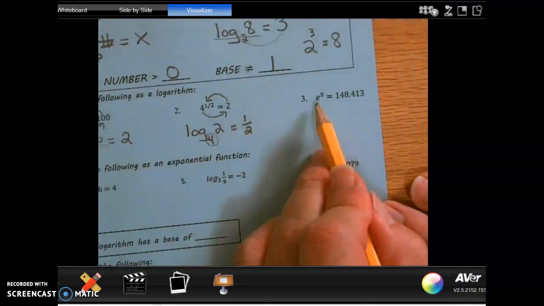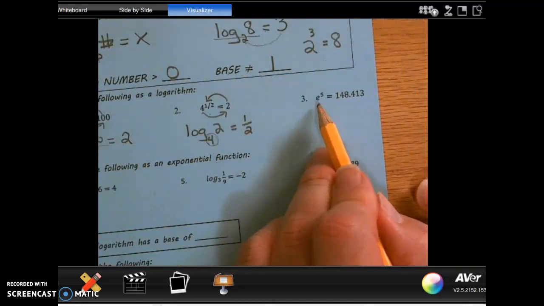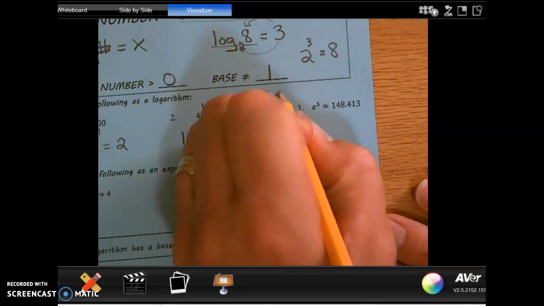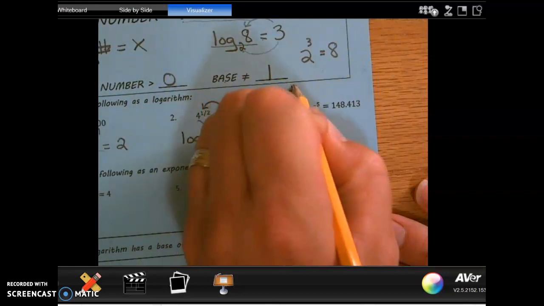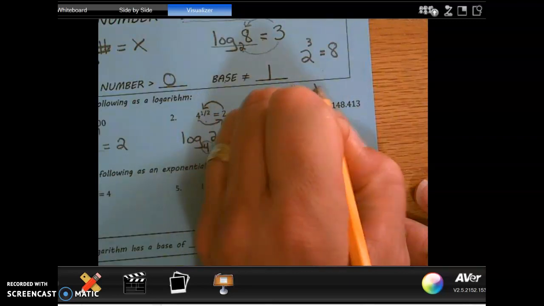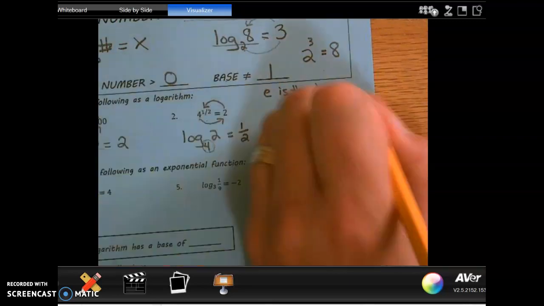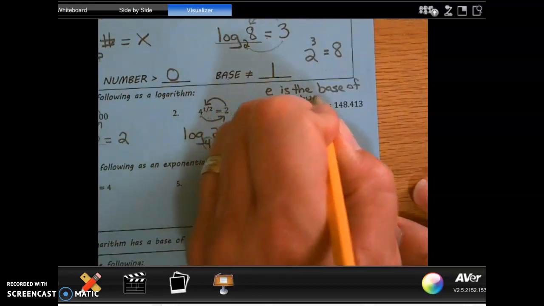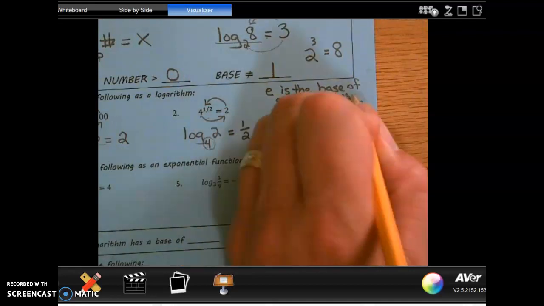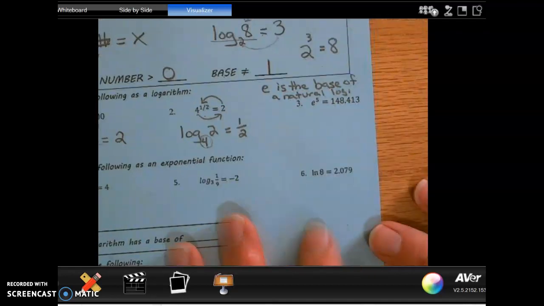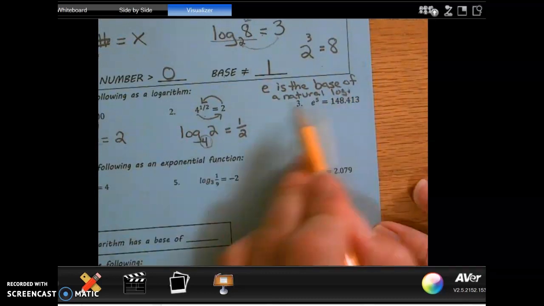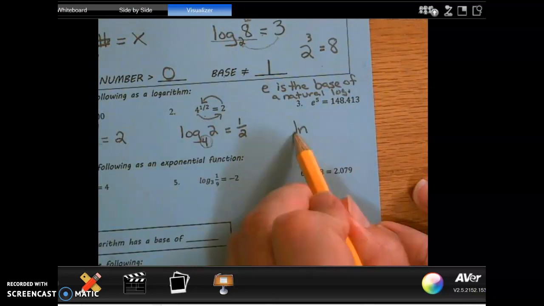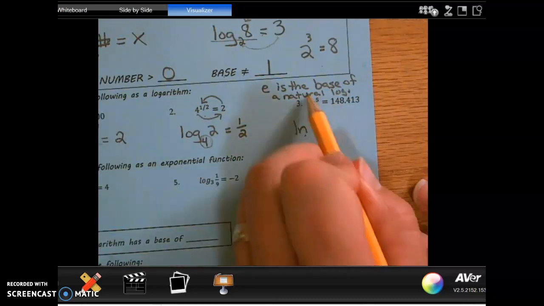Okay, this one's a little bit different. We have e. Remember that e is the base of a natural logarithm. So for natural log, instead of writing log, we're going to write ln. ln stands for natural log.